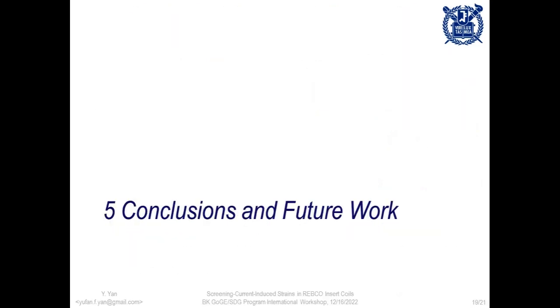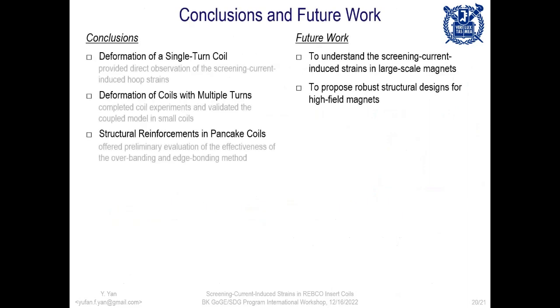Finally, we arrived at our conclusions and future work. Today, we presented our study on the subject of the screening current-induced strains and stresses. First, we used a study on the deformation of a single-turn coil to provide direct observation of the screening current-induced hoop strains.